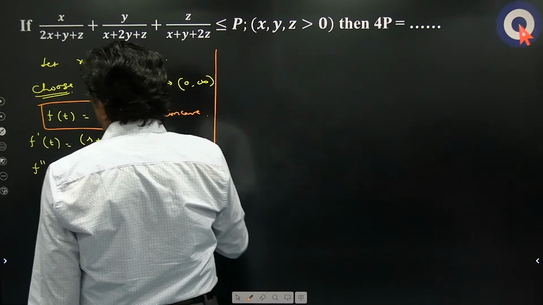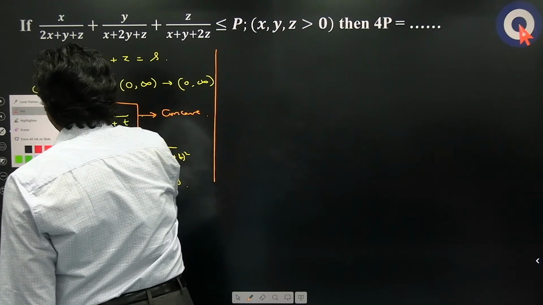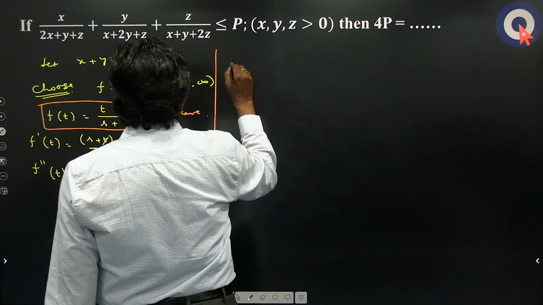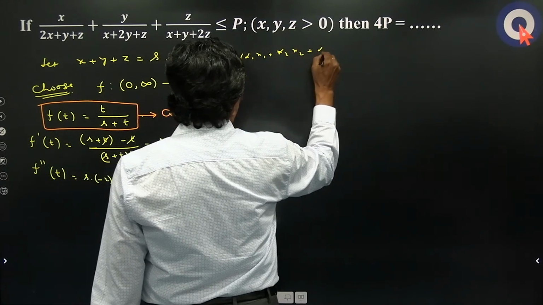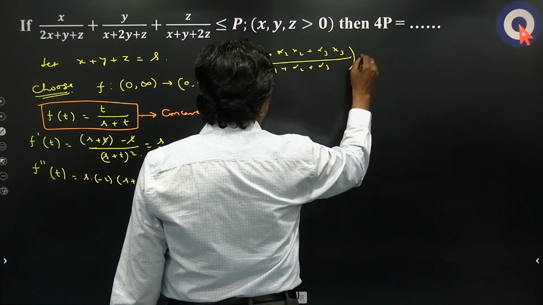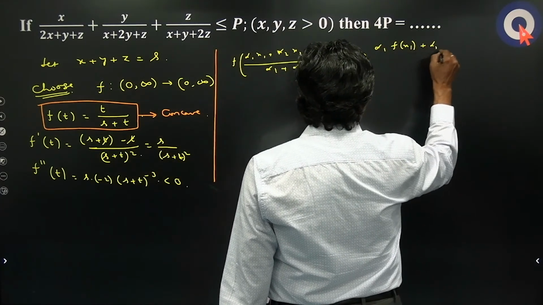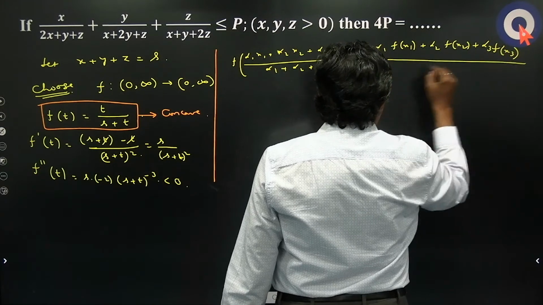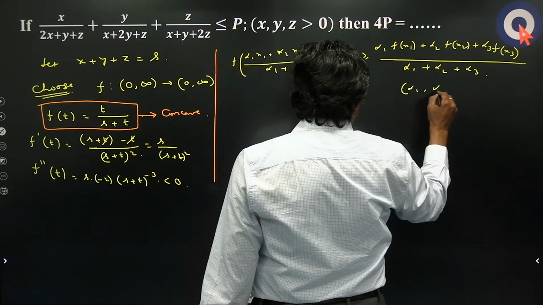So because of that, f of (alpha 1 x1 plus alpha 2 x2 plus alpha 3 x3) by (alpha 1 plus alpha 2 plus alpha 3) is greater than or equal to (alpha 1 f(x1) plus alpha 2 f(x2) plus alpha 3 f(x3)) by (alpha 1 plus alpha 2 plus alpha 3). Alpha 1, alpha 2, alpha 3 all greater than 0.